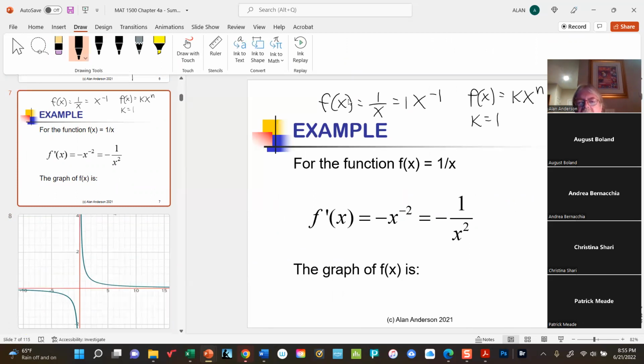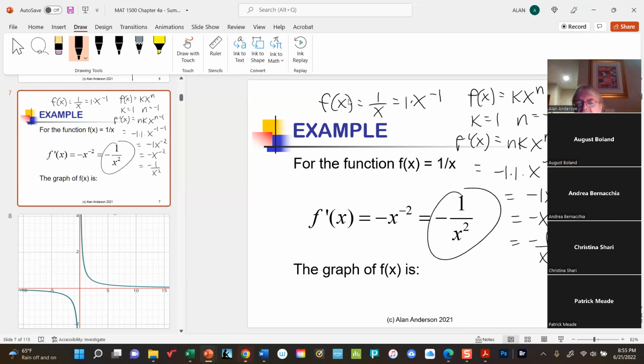There's an implied 1 here. n is negative 1. So when you take the derivative, you're going to end up with negative 1 times 1, x to the minus 1 minus 1, which is saying the same thing as negative 1 over x squared. Okay, so we're going to need that for our formulas.